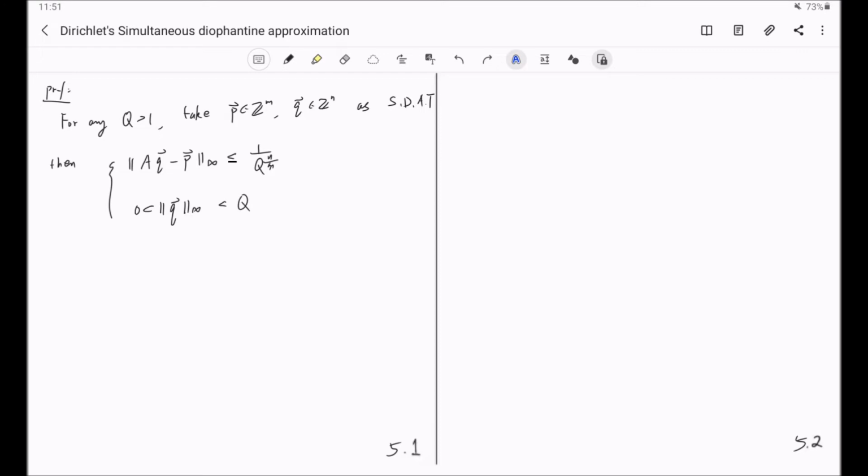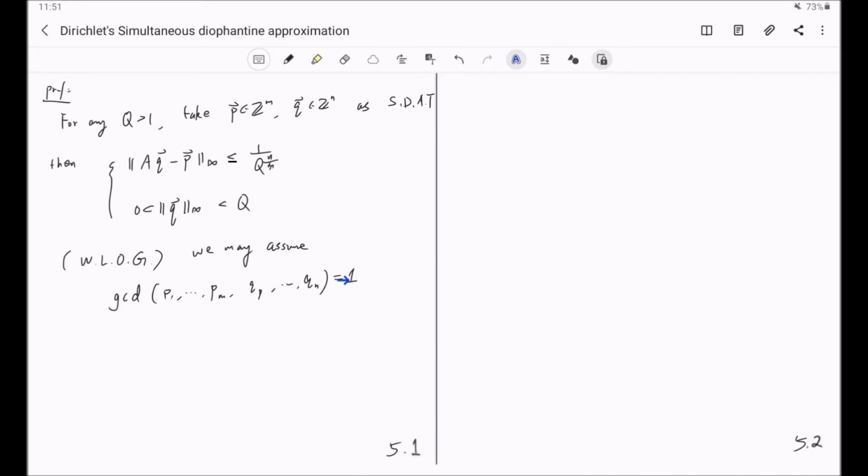And furthermore, without loss of generality, we may assume that the GCD of the components of p and q is equal to 1.